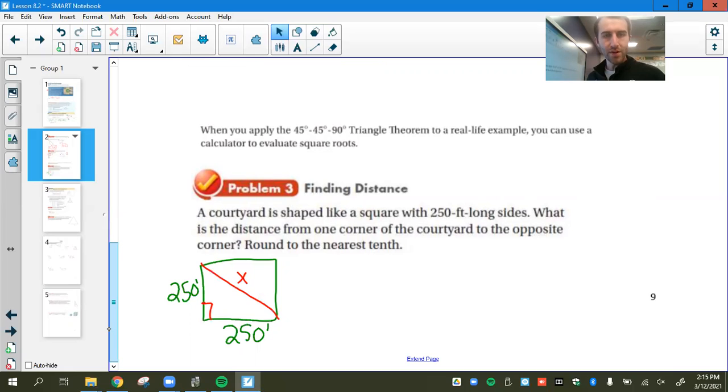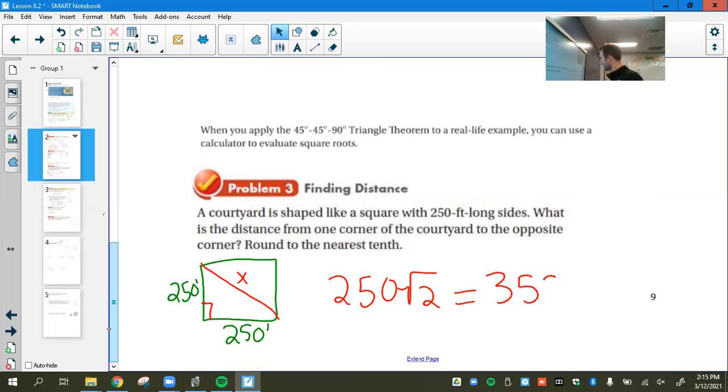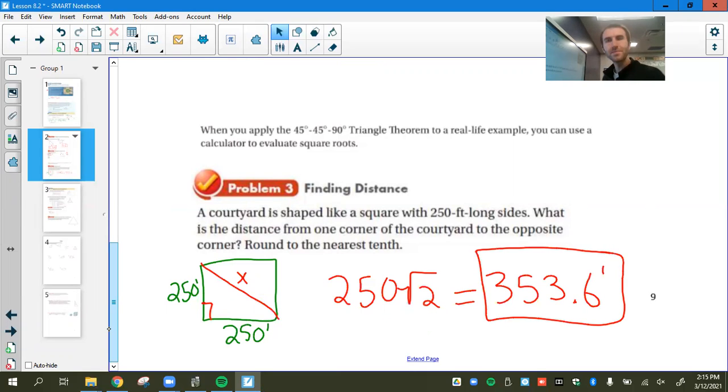Okay, so if we know the length of the leg is 250, the length of the hypotenuse is just 250 root 2. Let's say round it to the nearest tenth, so it's about 353.6. Done. So there's our first one, 45, 45, 90.